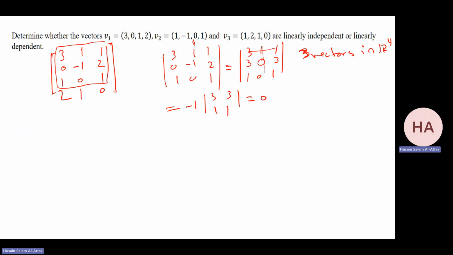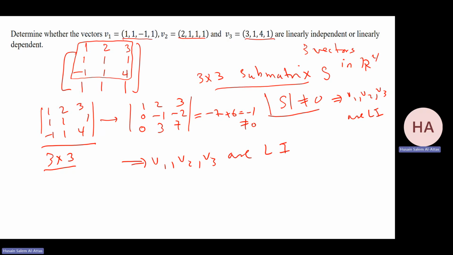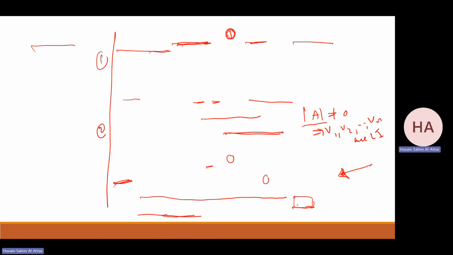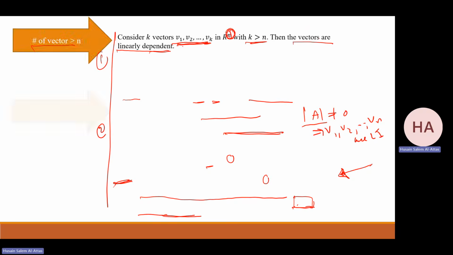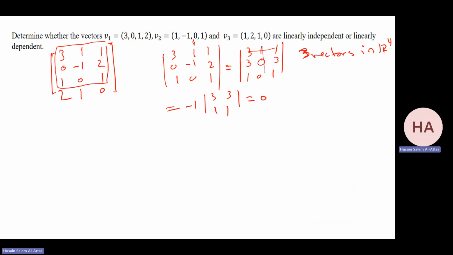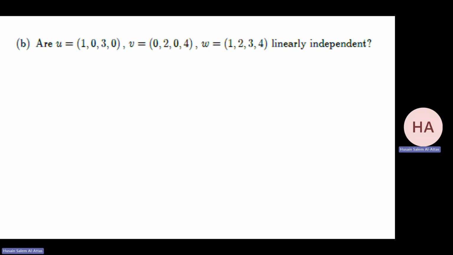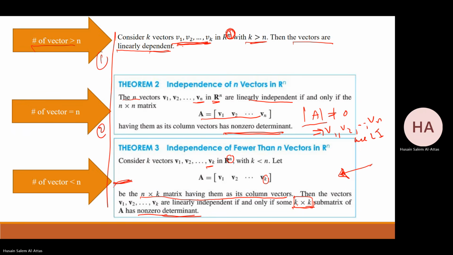No, we cannot conclude that. I can conclude only if I take all the possible submatrices, which is very complicated. So I will go back to the previous definition, which is trying to find the C's by solving the system. To conclude, I need to check all submatrices, because the theorem is saying that if some one submatrix has non-zero determinant, then the vectors are independent.